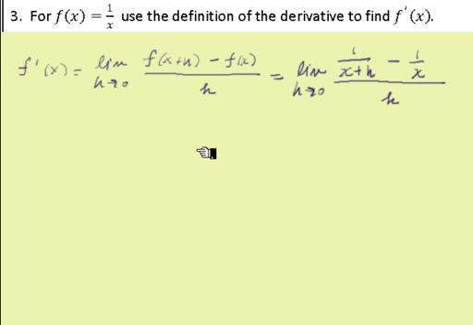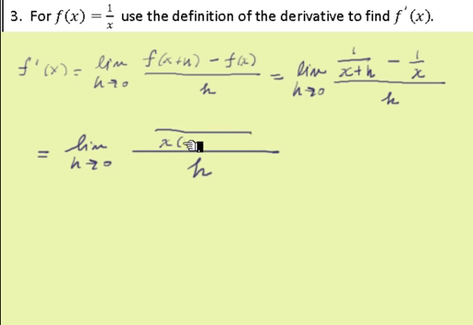The common denominator will be the product x plus h times x, and we'll combine them into one denominator, x times x plus h. Here we have to multiply top and bottom by x. And here we're going to multiply top and bottom by x plus h.